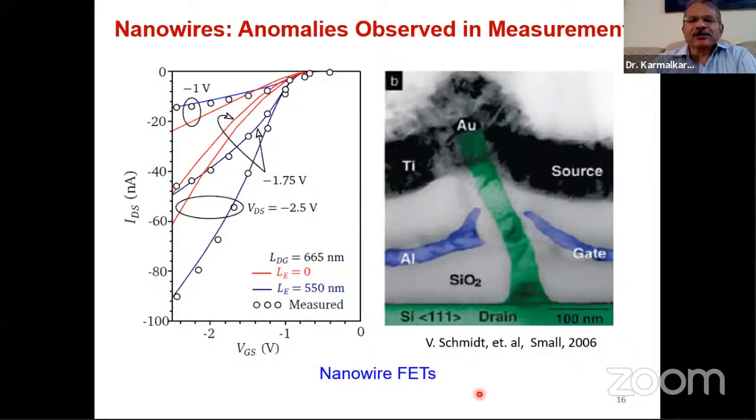Let us look at another anomalous observation. This is for the field effect transistor shown here. Now, how many of you know the operation of a field effect transistor? Please say yes in the chat. How many of you know the operation of the transistor?